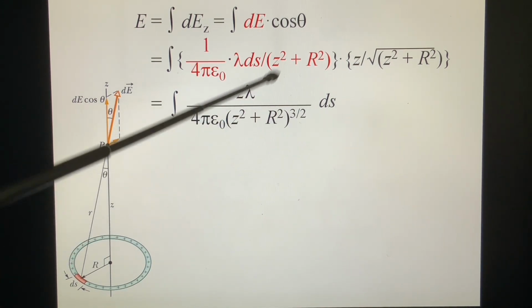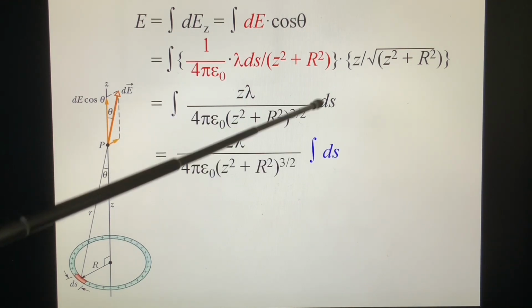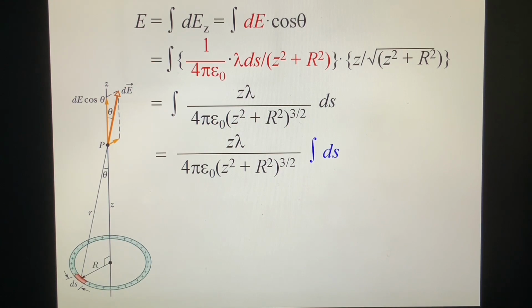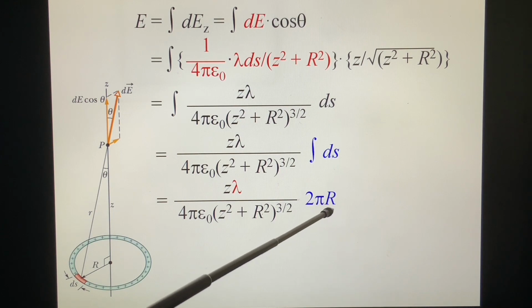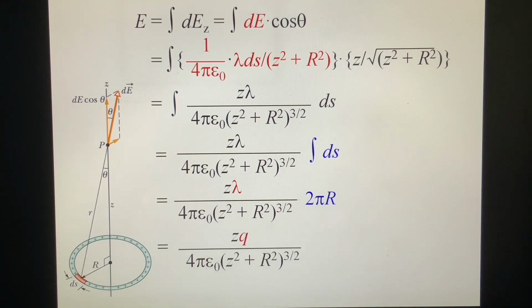So we can rewrite this integration by putting this factor outside, integration of ds. And this integration equals the total length of this ring, 2 pi R. The length multiplied by the density gives you Q. So E equals zQ over 4 pi epsilon 0 times z squared plus R squared to the 3 over 2. Okay, we get the answer.